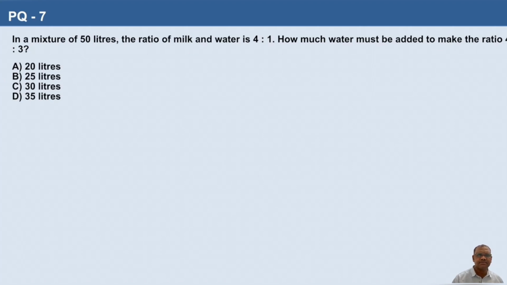Question number 7. In a mixture of 50 liters, the ratio of milk and water is 4:1. How much water must be added to make the ratio 4:3?